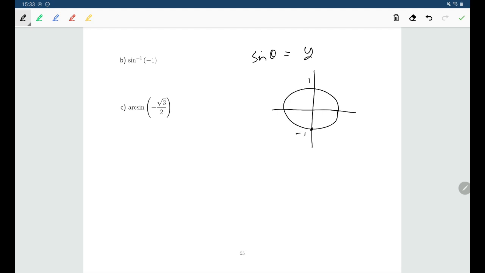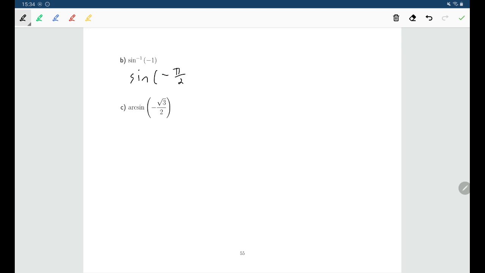The y value would be -1 when we're talking about 270 degrees, or in this case, -90. So I could say that I know that sine of -90, negative pi over 2, is -1. So sine inverse of -1 should be negative pi over 2.